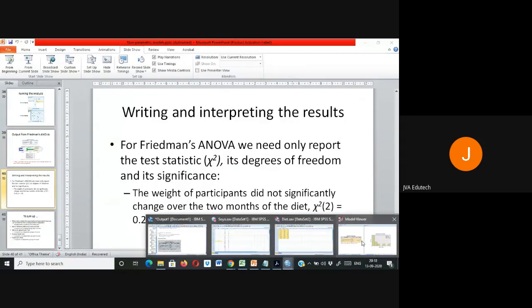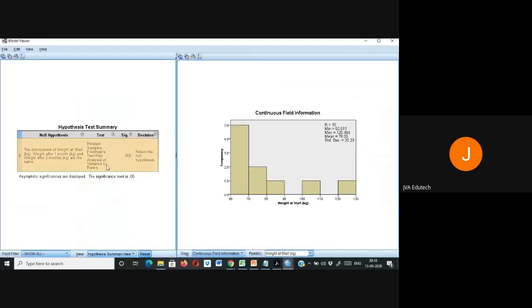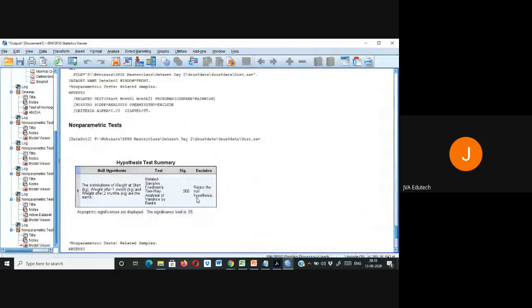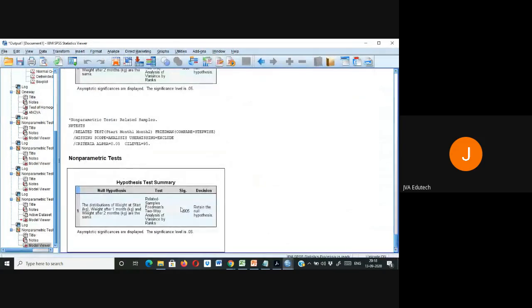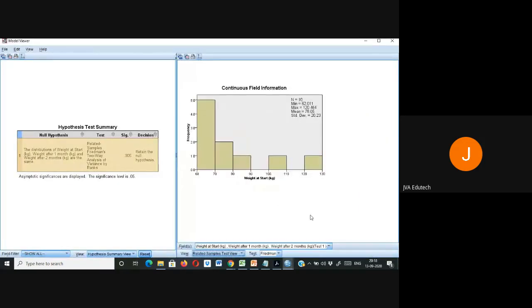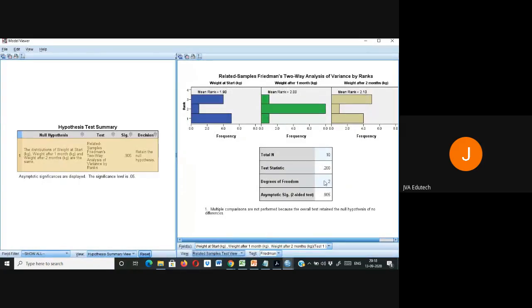That came out of our results, if you can see. So degree of freedom 2, value of chi-square comes out to be 0.20, and p is 0.90, or you can put it 0.91. So you can say there exists no significant difference.